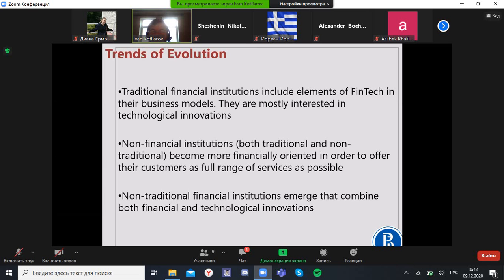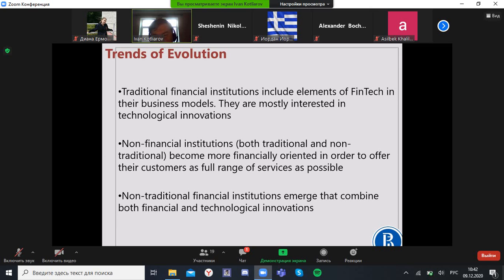No traditional financial institutions will be able to survive without digital finance technologies, because now customers will not simply cooperate with financial institutions that do not offer digital possibilities. Let's remember Sberbank. Sberbank started its activity as a traditional financial institution, but now it is not only financial, it is a general ecosystem with a very high level of digitalization.